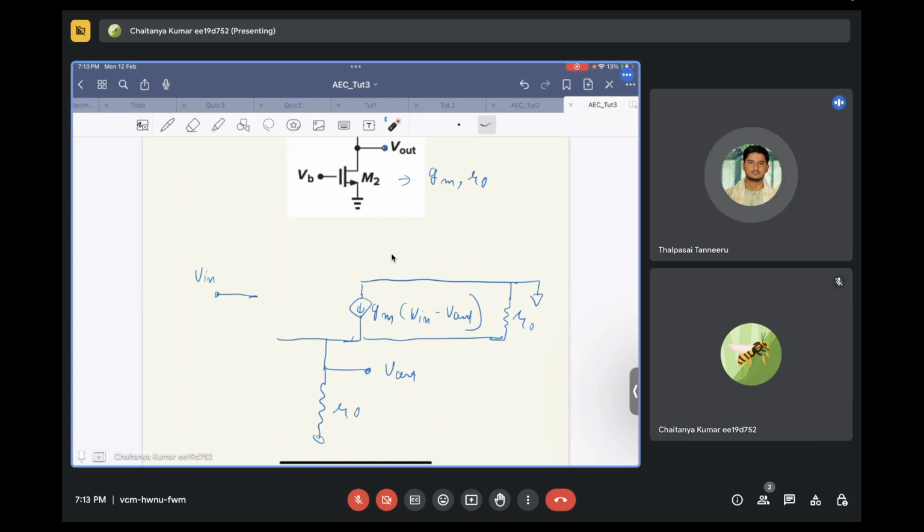So this current is increasing, the upper current is reducing. What does this mean?